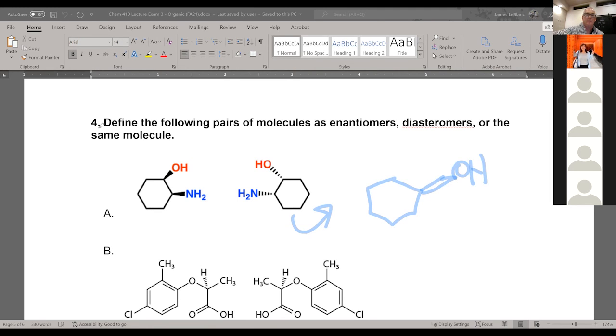And the amine group, instead of going back, is also now coming out. And now it looks exactly like that. It's exactly the same thing, if all I did was rotate it 180 degrees.